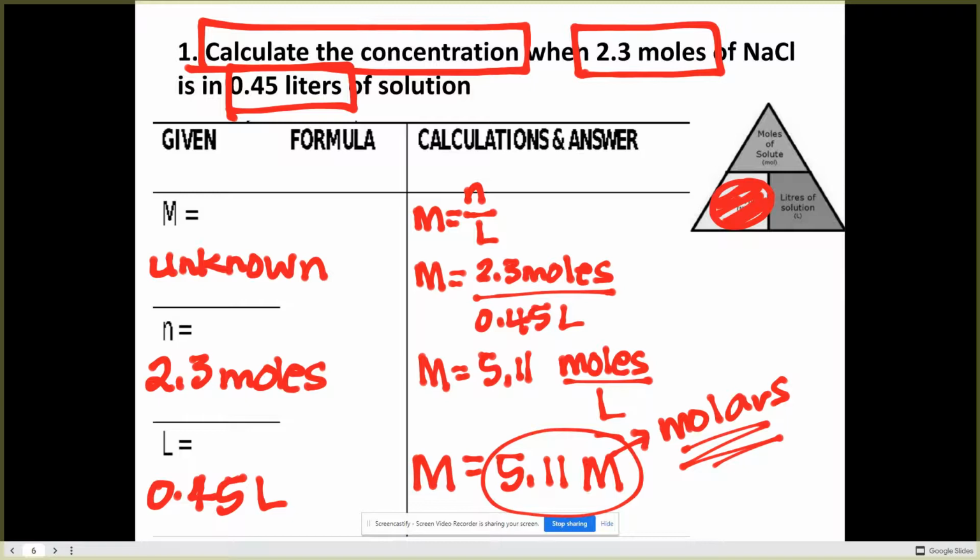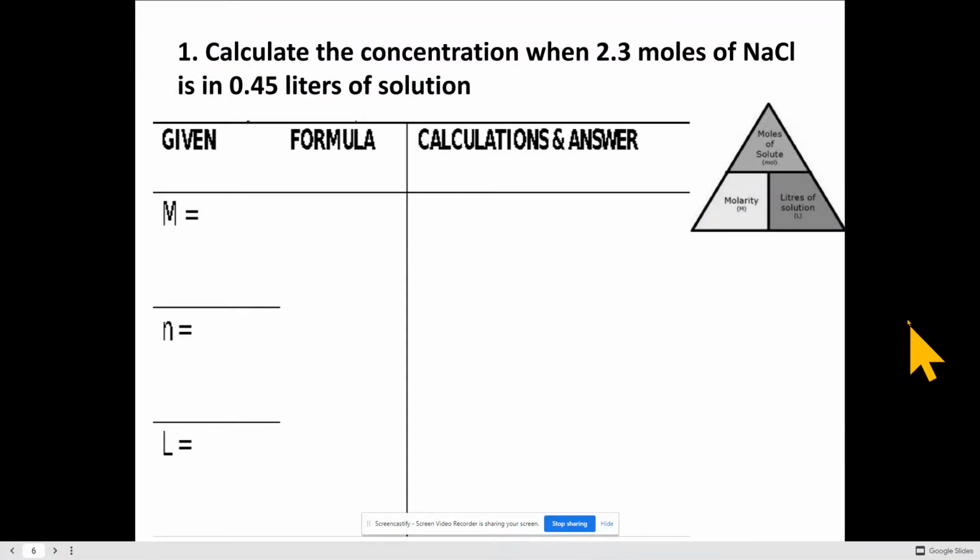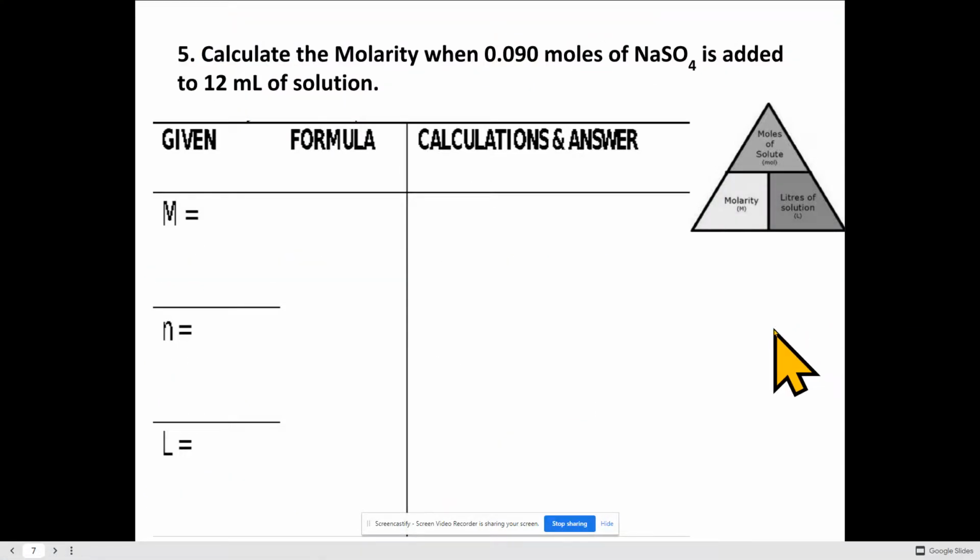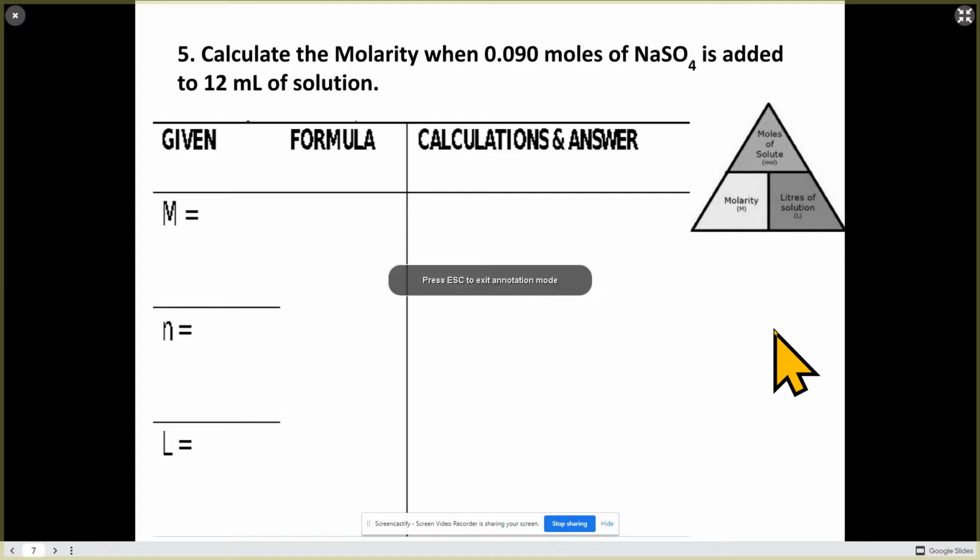Let's try another problem. For example, guys, let's say this one right here. Calculate the molarity when 0.090 moles of Na2SO4 is added to 12 milliliters of solution. So again, let's find the given.